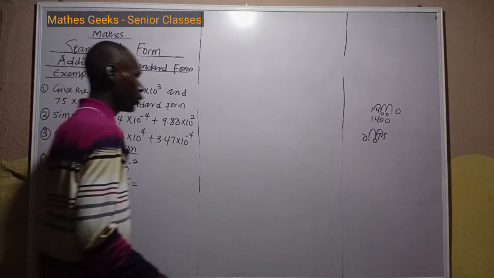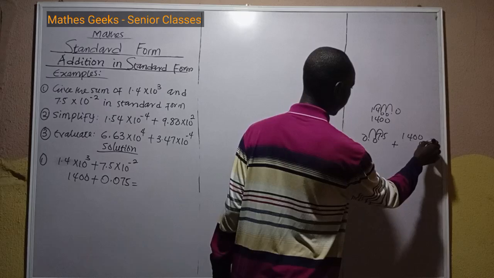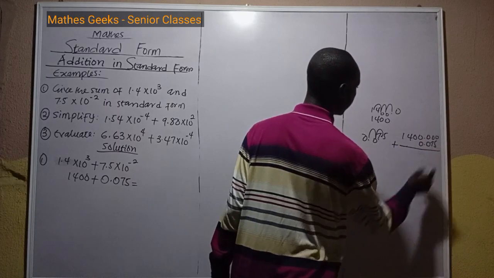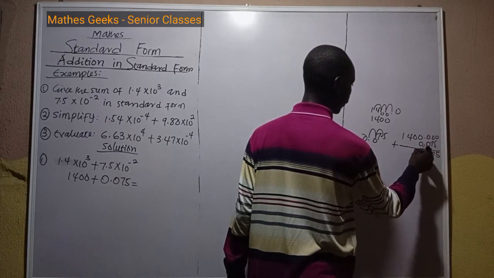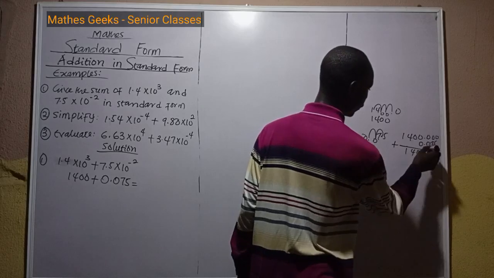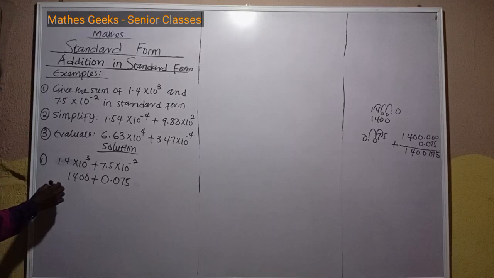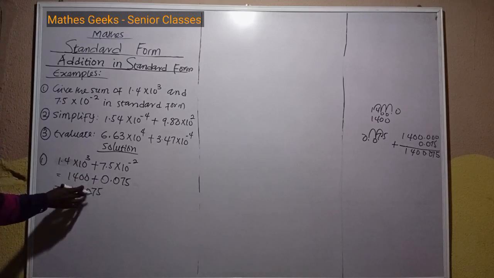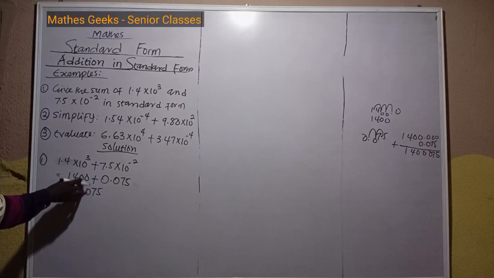So you add 1,400 plus 0.075, supplying the zeros, and that gives 1,400.075. So this is the sum.